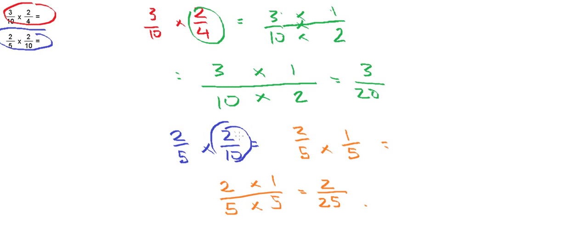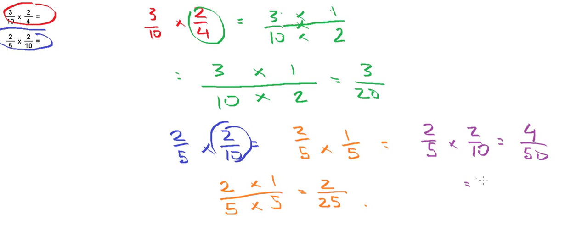Now, let's see what would happen if we didn't simplify it. Okay, I'll use a different color. Say I didn't simplify the fraction, it would just be 2/5 times 2/10, and that's 4/50, because 2 times 2 gets us 4, 5 times 10 gets us 50, 4/50.